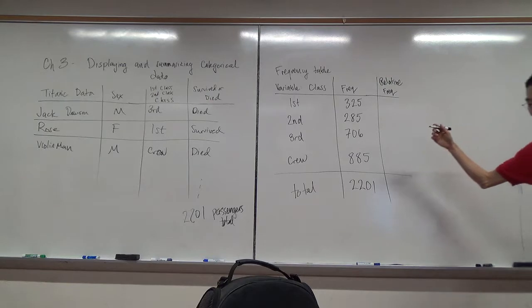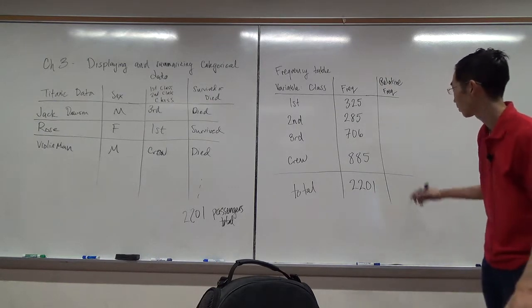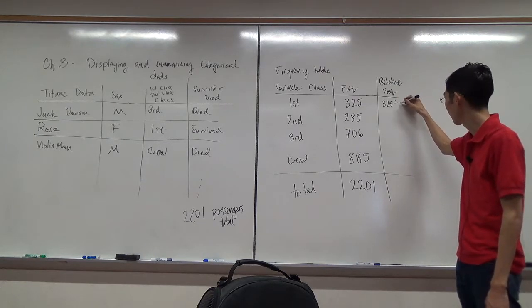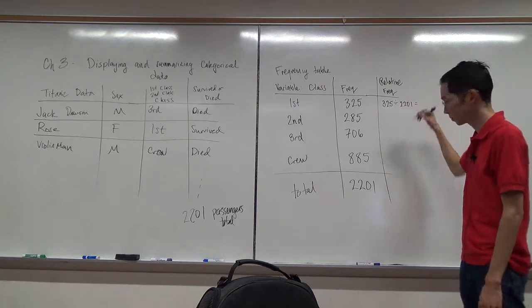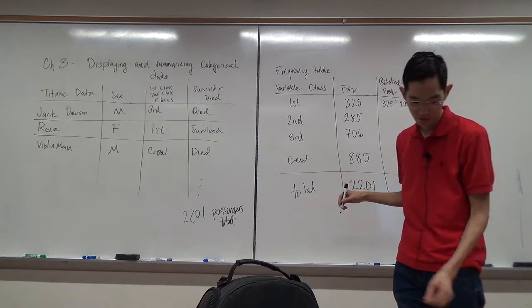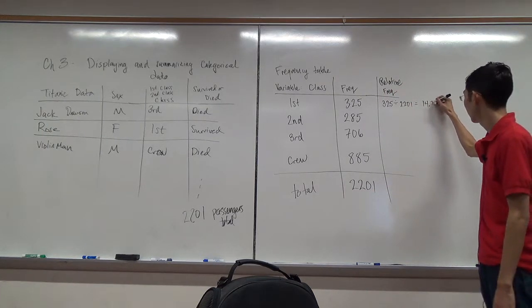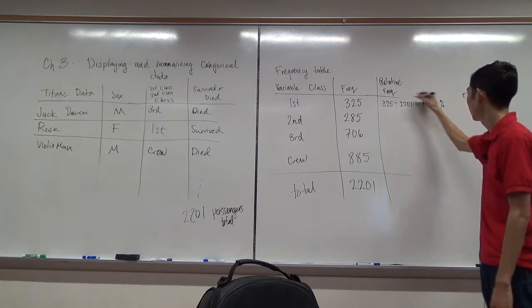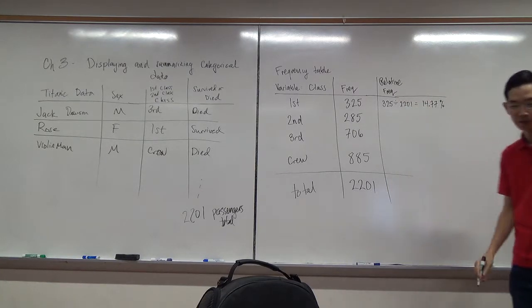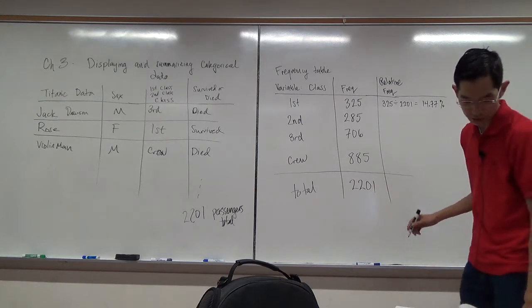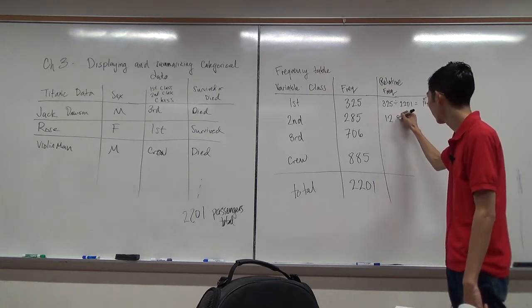And then we would say, well, how many of those passengers were first class? So I would just do 325 divided by 2201. And we would see that that's equivalent to 14.77%.